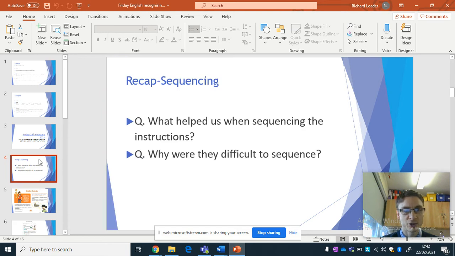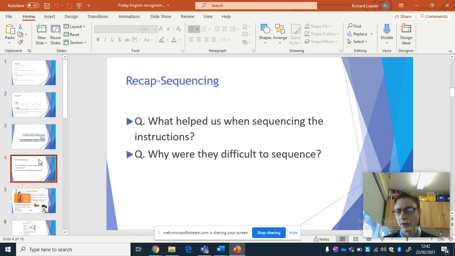So I'm just wanting to do a recap on sequencing, sorry. What helped us when sequencing the instructions? Why were they difficult to sequence? Okay. So have a think about that. Pause the video. So these things helped us when sequencing the instructions. It was the time connectives, the time words. They were really helpful, weren't they?